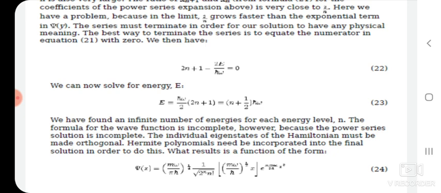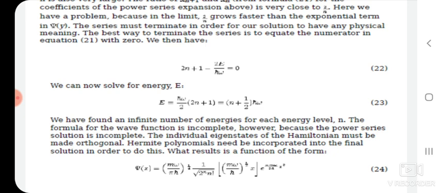The formula for the wave function is incomplete, however, because the power series solution is incomplete. The individual eigenstates of the Hamiltonian must be made orthogonal. That's why Hermite polynomials need to be incorporated into the final solution in order to do this.